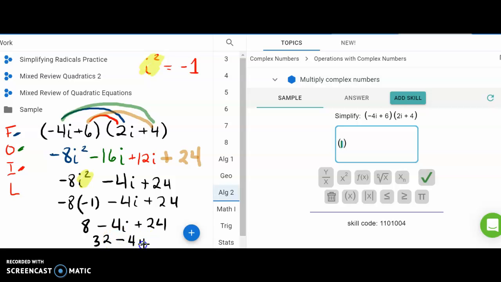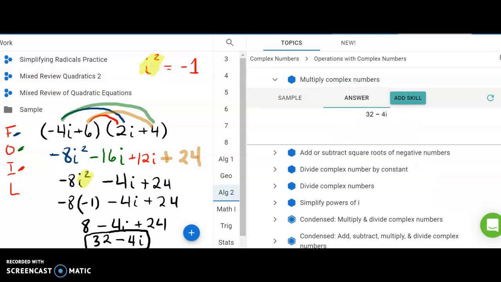Minus 4i. So this should be the answer to this problem here. And if we look, yep, that's exactly the answer we got. 32 minus 4i.